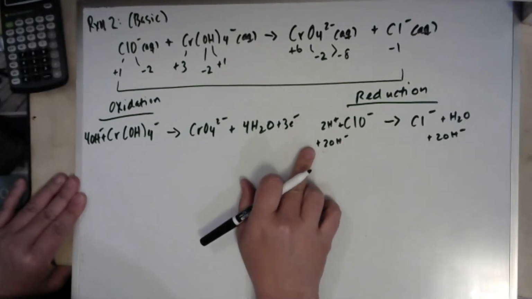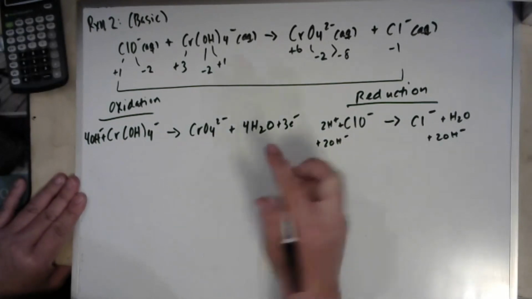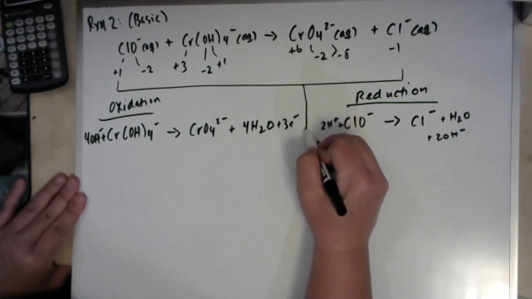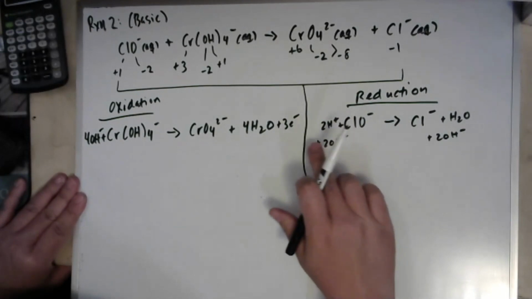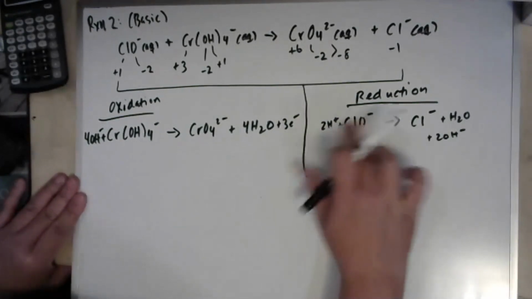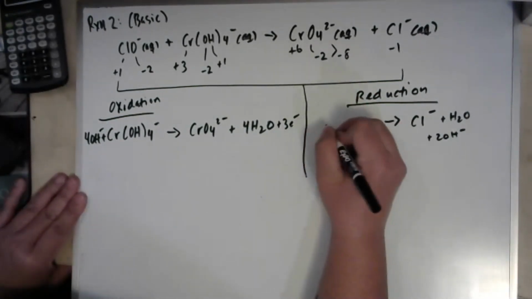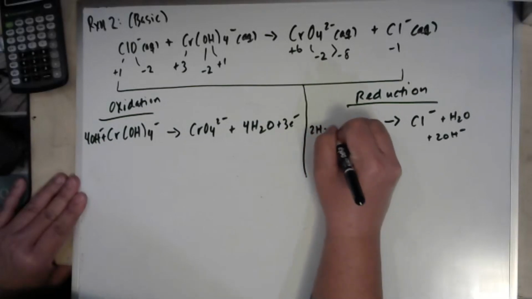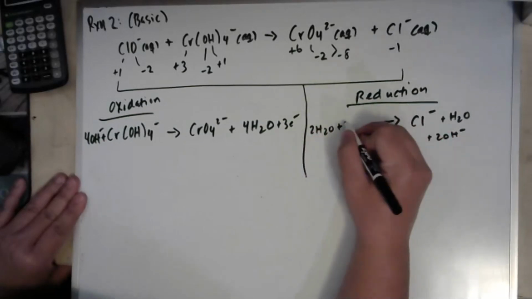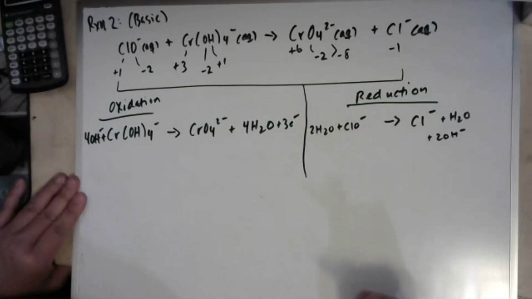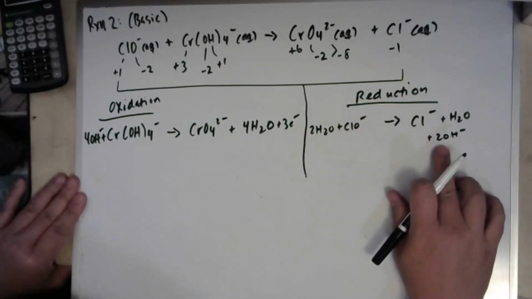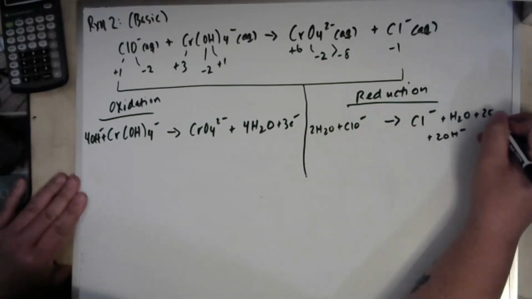The 2 hydrogen ions plus the 2 hydroxide ions are going to combine to form 2 waters. So I'm just going to rewrite this side of the reaction as 2H2O plus ClO minus. And these 2 hydroxide ions are just going to stay right here.